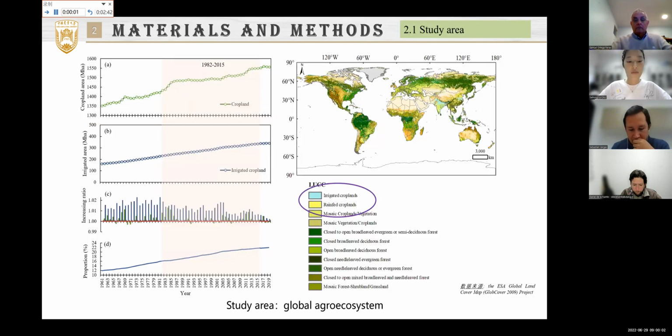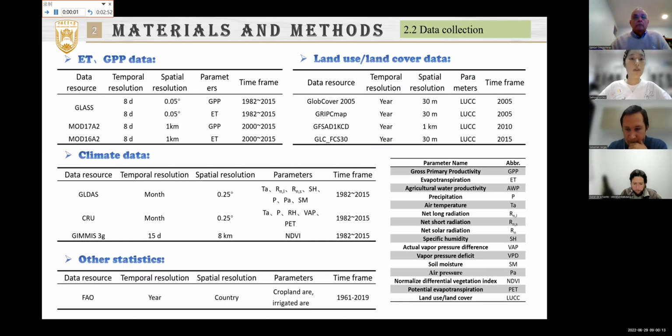Our study area is the global agro-ecosystem, and we pay attention to irrigated agriculture and rain-fed agriculture. We used evapotranspiration and gross primary productivity remote sensing data from GLASS and MODIS. Simultaneously, we used multiple land use, land cover data, climate data, and some statistical data.